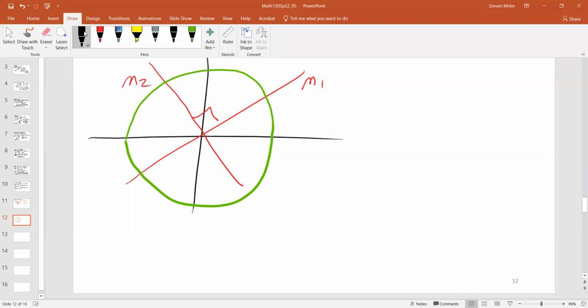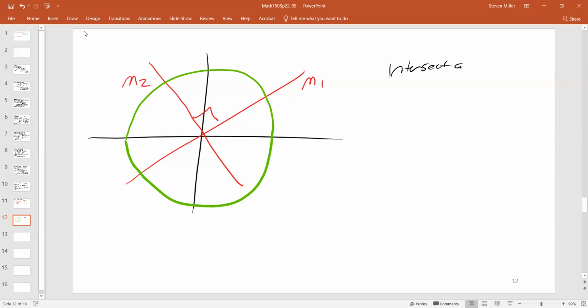I can always just adjust my coordinate system to have them intersect at the origin. Let's call this angle θ1. Let's call this angle θ2. This point over here is cosine θ1, sine θ1. This point over here is cosine θ2, sine θ2.